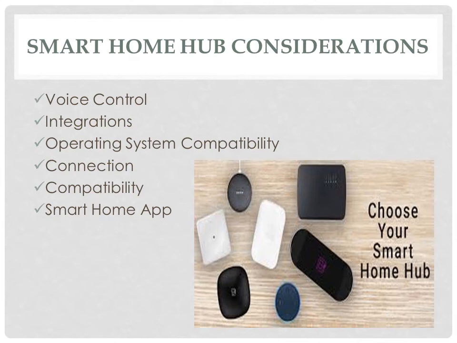Compatibility. Know what standards, that is Zigbee, Z-Wave, Bluetooth, Wi-Fi, your smart home devices use and ensure the hub can accommodate them. Then smart home app. Most smart home hubs are accessed through a smartphone app.